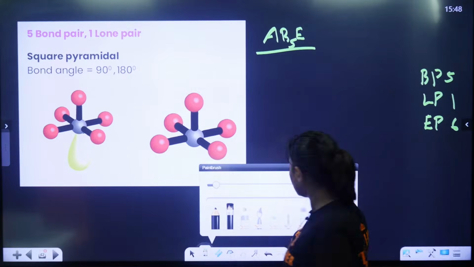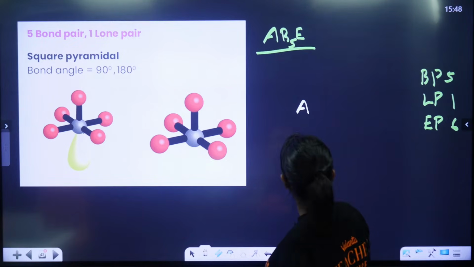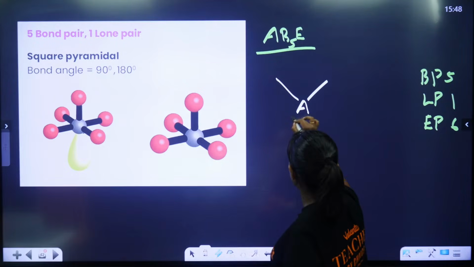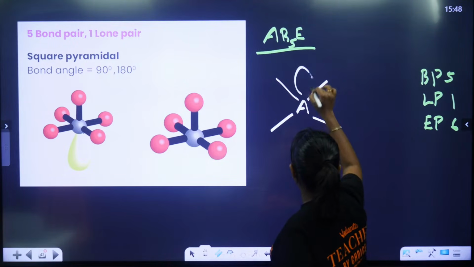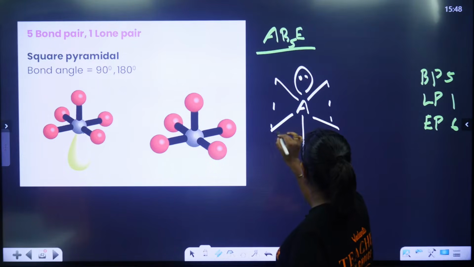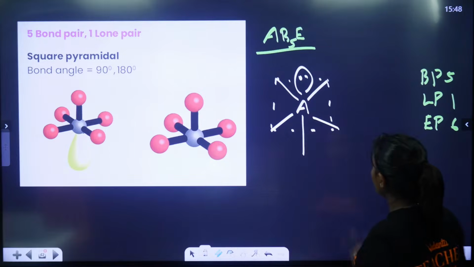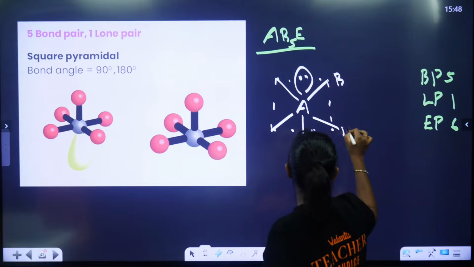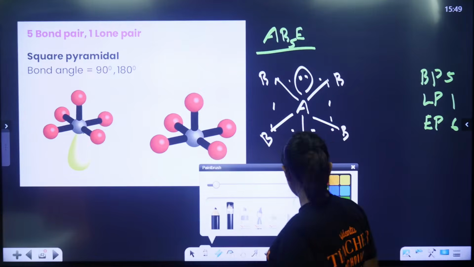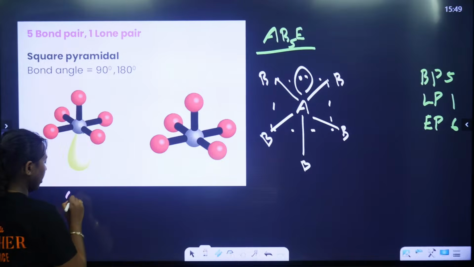So next is the AB5E type. One lone pair is there and 5 bond pairs are there. So tell me guys, what is the shape? This is octahedral geometry. So I am writing geometry is octahedral.